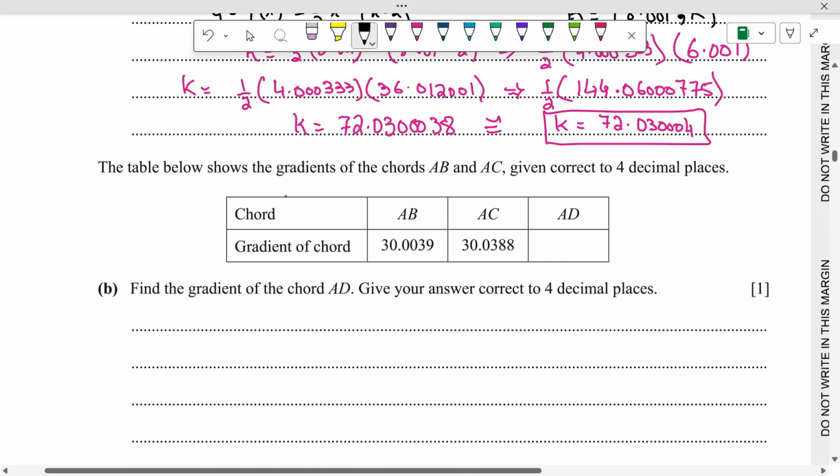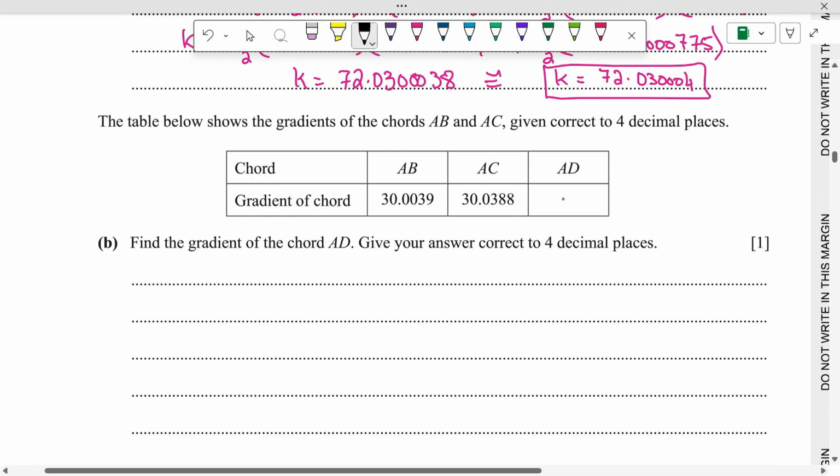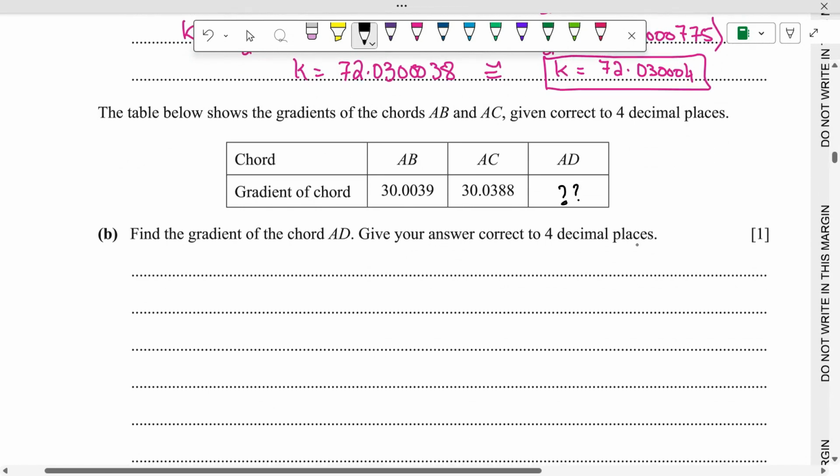The table below shows the gradient of the chord AB and AC given correct to 4 decimal places. Okay, we have the gradient of chord AB and gradient of chord AC. Find the gradient of chord AD. Give your answer correct to 4 decimal places.